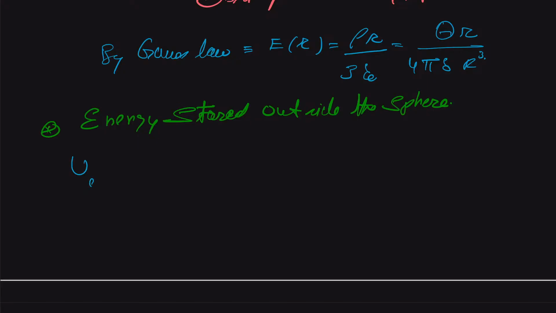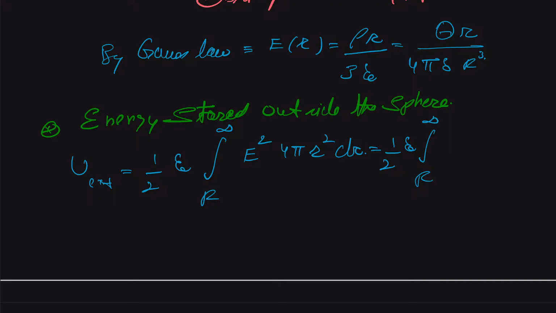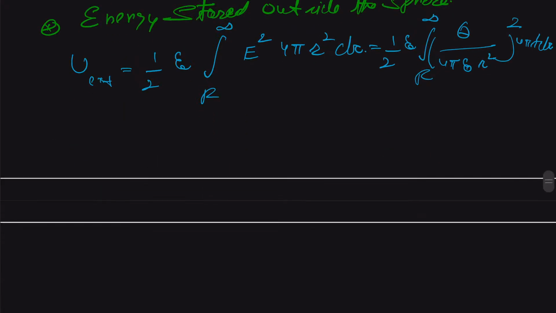So U external is equal to 1 upon epsilon naught, integral from R to infinity of E square dV, that is 4 pi r square dr. We already know the electric field, so this is integral from R to infinity of Q upon 4 pi epsilon naught r square, whole square, times 4 pi r square dr. This is a simple integral, not much complication, so we can write the answer directly.